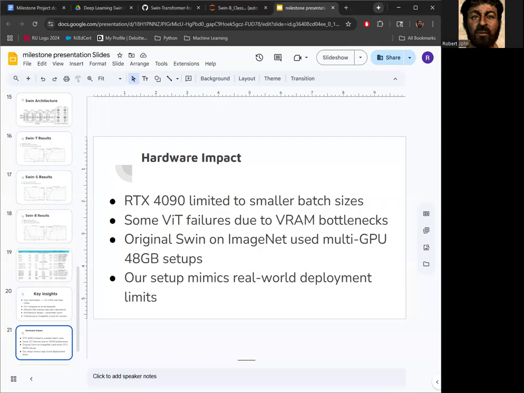It's worth noting that the original Swin experiment on ImageNet used multi-GPU setups with 48 gigabytes of VRAM, so our single GPU environment is far more constrained. That actually worked in our favor for realism. If you think about it, our setup mimics the kinds of hardware limits many real-world deployments would face.